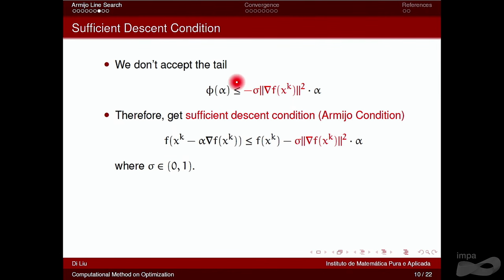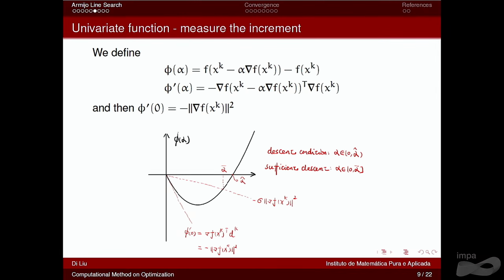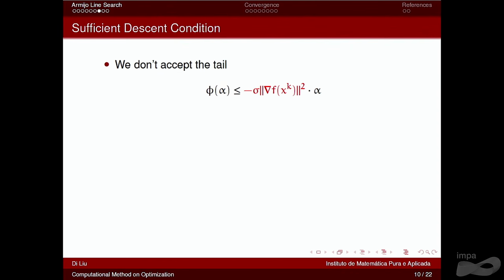And this inequality has a very good geometric interpretation, which has been shown here, which means we just accept the step size of this part, the graph of this phi alpha which is below this line, with the slope of this term.